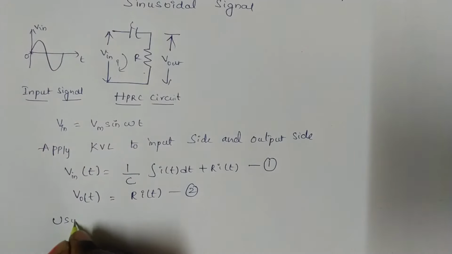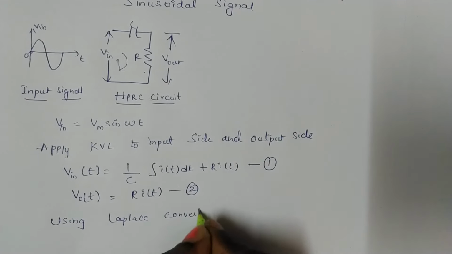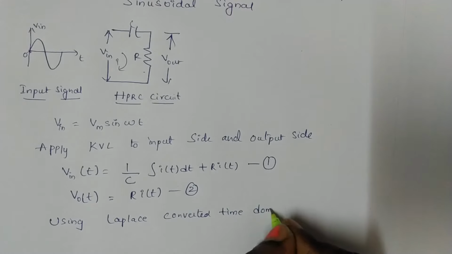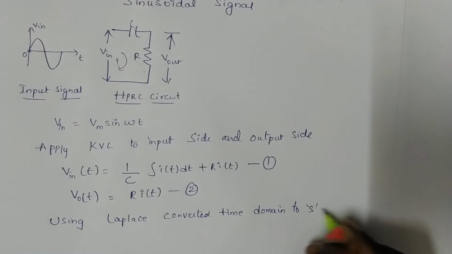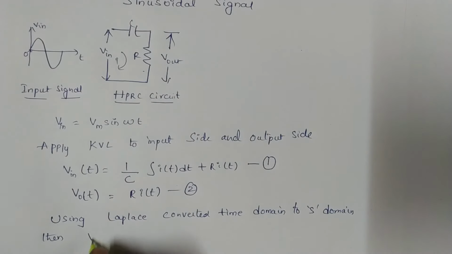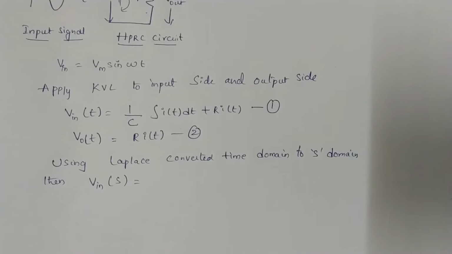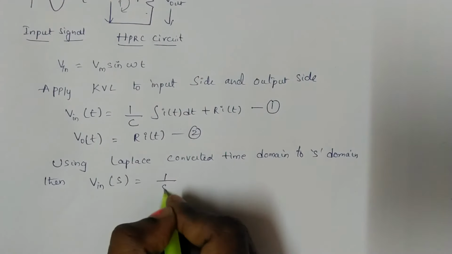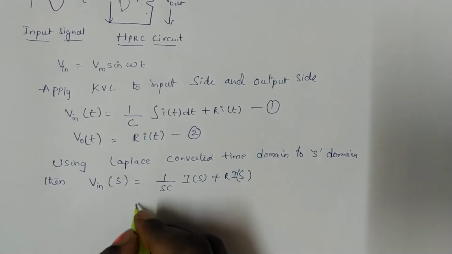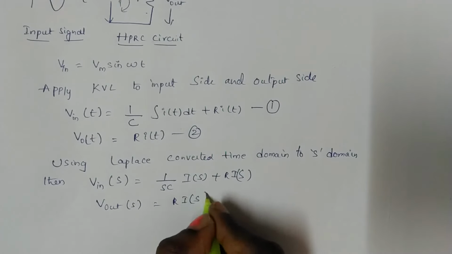Converting the time domain to the S domain, we get V input of S equal to 1 by SC into I of S plus R into I of S. Similarly, V out of S equal to R into I of S.